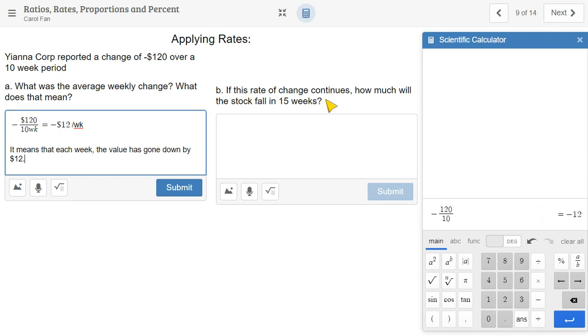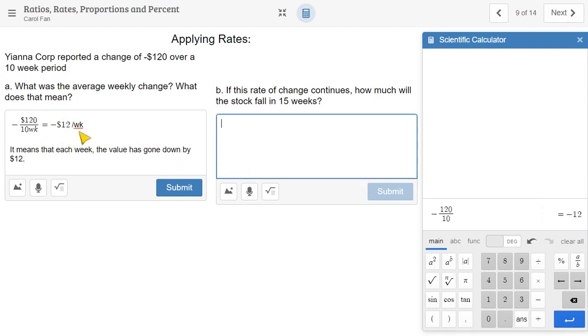Now, if this rate of change continues, how much will the stock fall in 15 weeks? We've already said we know that this is the rate for 1 week. Let's create our ratio again. So negative 12 over 1. I want to know what the value is over 15 weeks. Let's simplify by using the knowledge we have of ratios and solving this.